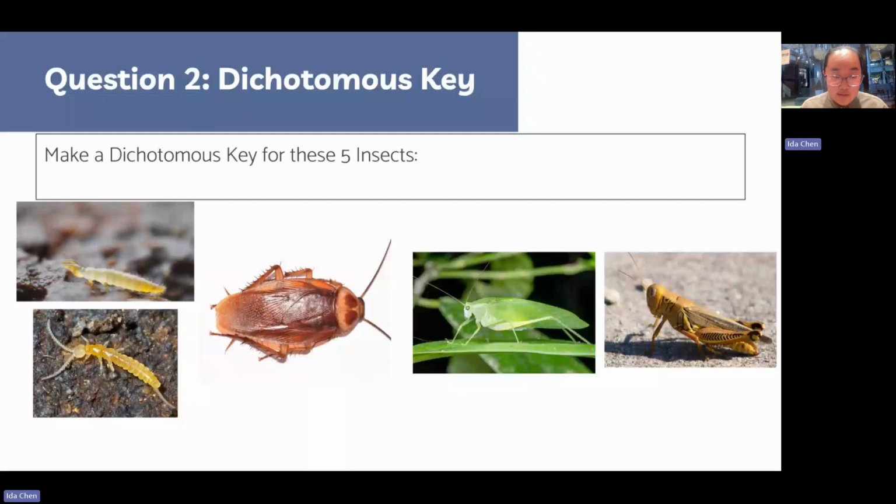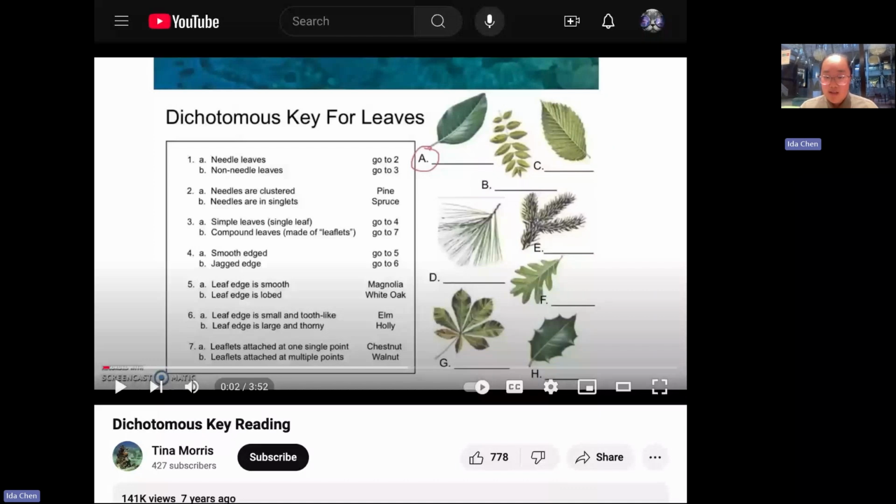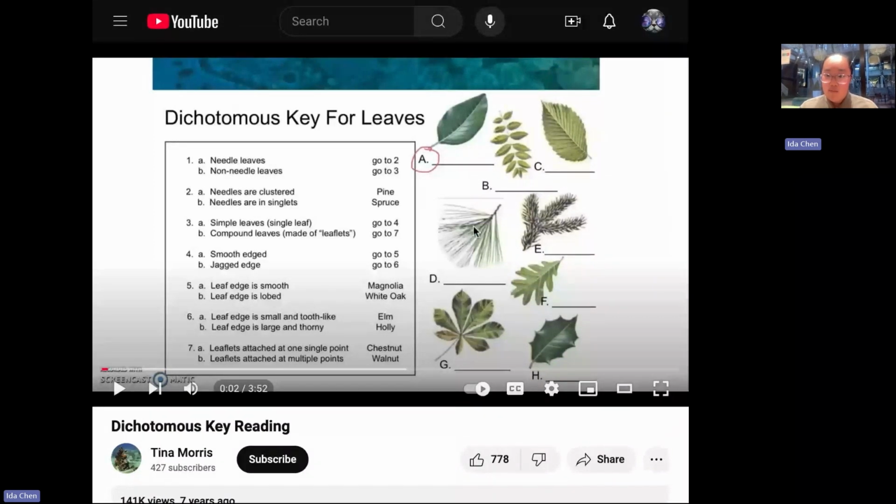What do you need to find in it? I think for a dichotomous key, the important thing is to help someone identify it. So to construct one, you just need to find ways to group your specimens and then ways that they differ from other things. Like here, if we go back to the leaves again, you can see one defining characteristic of the needle ones.